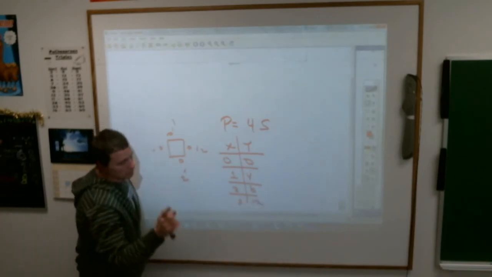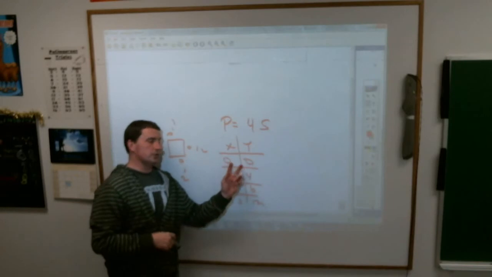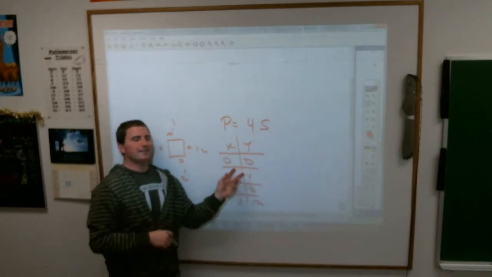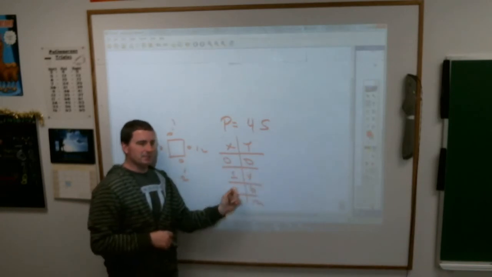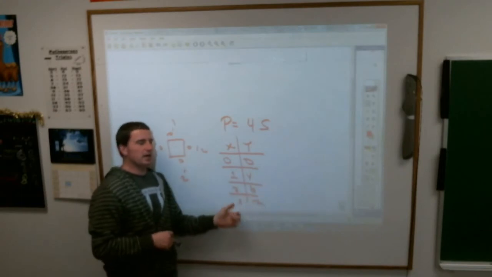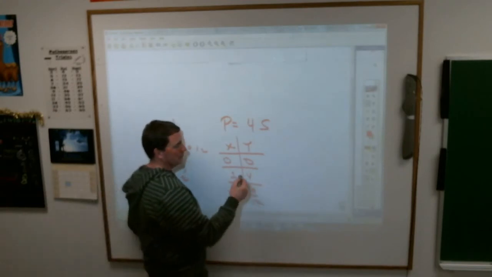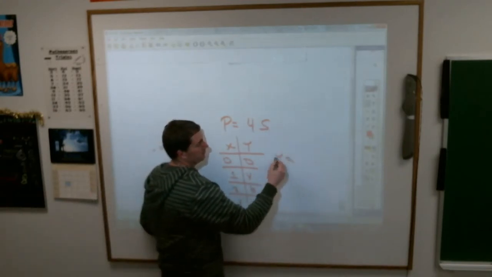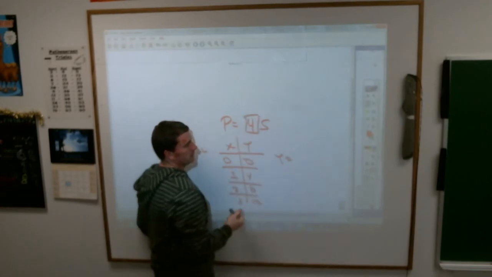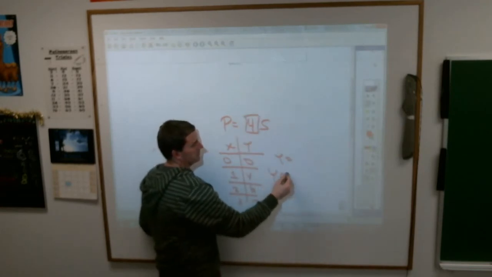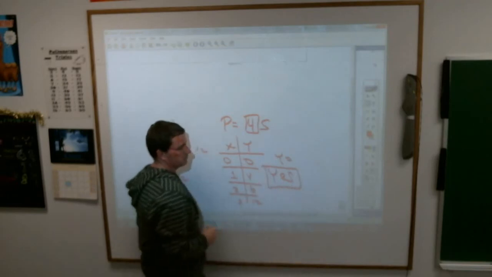So you ask yourself the 2 questions: does it go through the origin, is it 0, 0? Yes. And do you multiply by the same number every time you go from x to y? 2 times 4, your constant of proportionality is 4. And the answer to this is absolutely yes, it is direct variation.